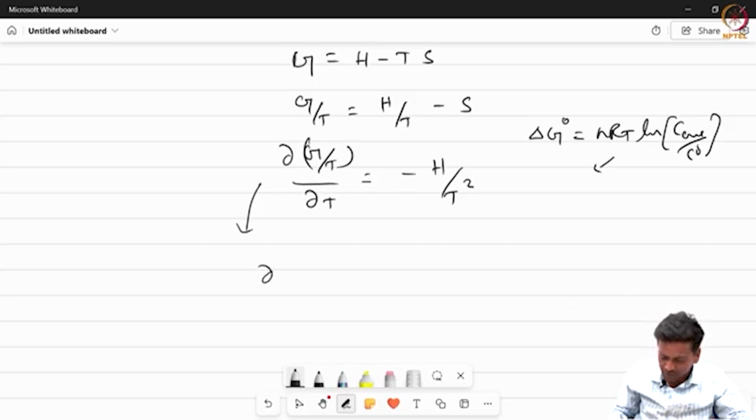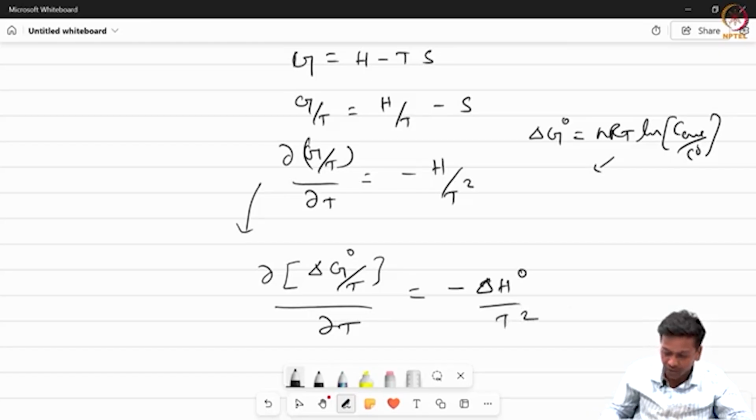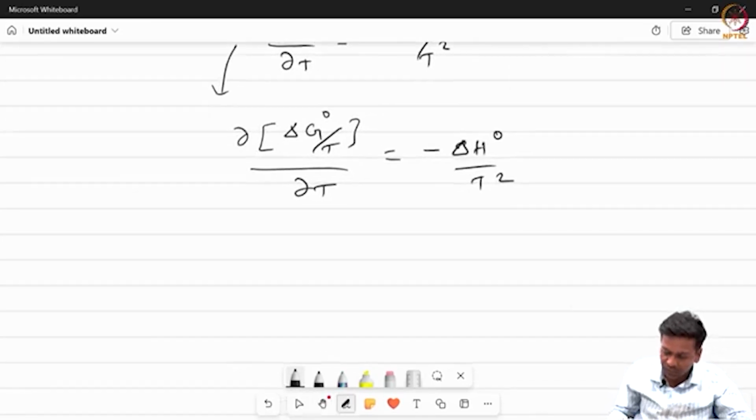So we can modify this equation simply into dou of G naught by T, divided by dou T, which is nothing but minus delta H naught by T square. Okay, so in this way, we can use this expression because this is expressed in terms of change in Gibbs free energy at the standard reference state, right?